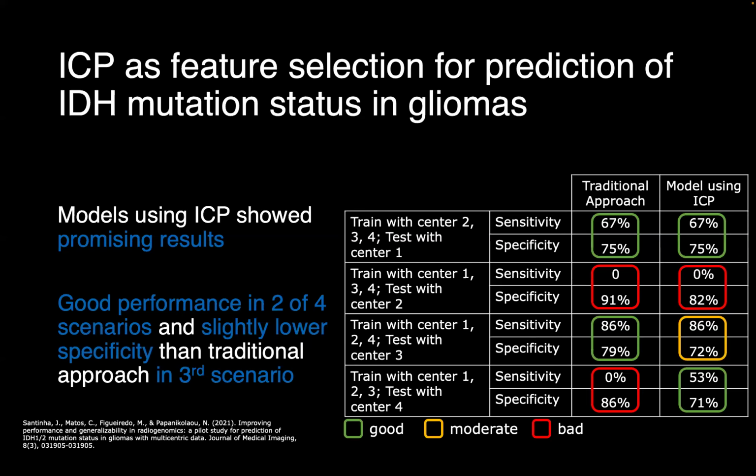In terms of sensitivity it was the same, but the specificity was slightly lower. But on the 4th scenario, it improved, where the traditional method would have a sensitivity of 0. But we still got one scenario, where we tested with center 2 and trained with centers 1, 3, and 4, where both models had a very poor sensitivity.